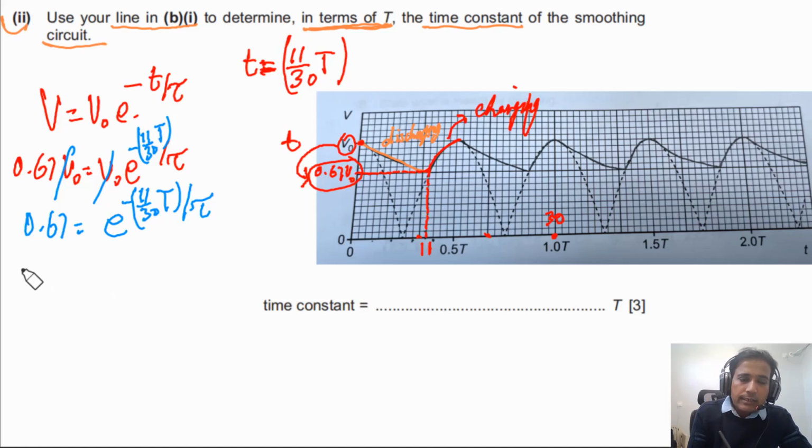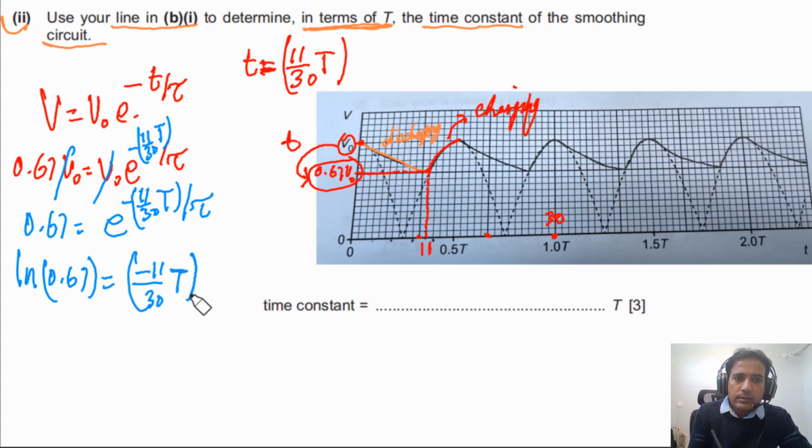Now we can take natural log on both sides, so we have ln 0.67. Here ln e is 1, so we get minus 11 over 30 times T, divided by tau.